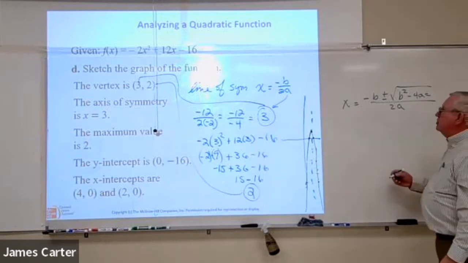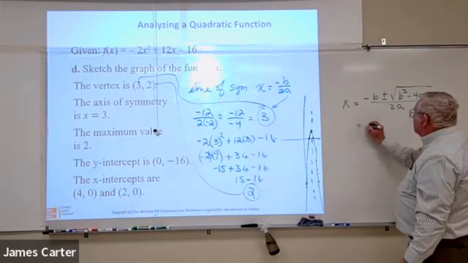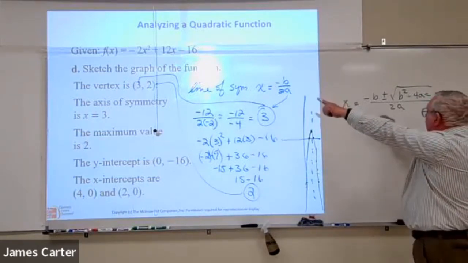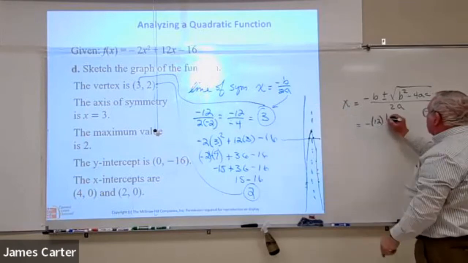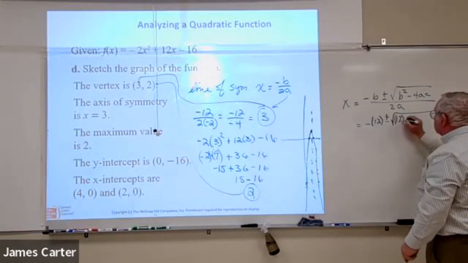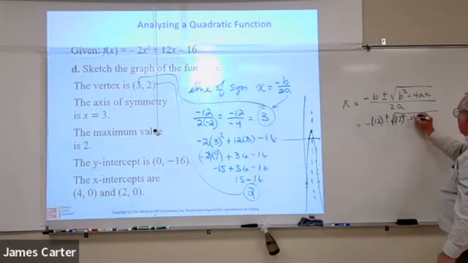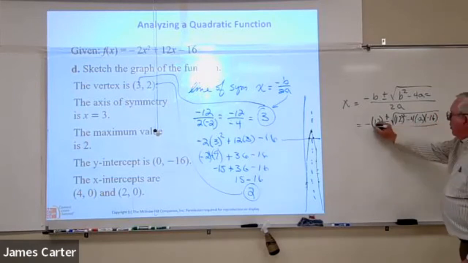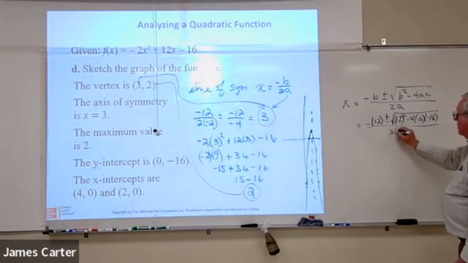So I can substitute in: x equals negative b, which is negative 12, plus or minus the square root of 12 squared minus 4 times a, which is negative 2, times c, which is negative 16, all over 2 times a, which is negative 2.